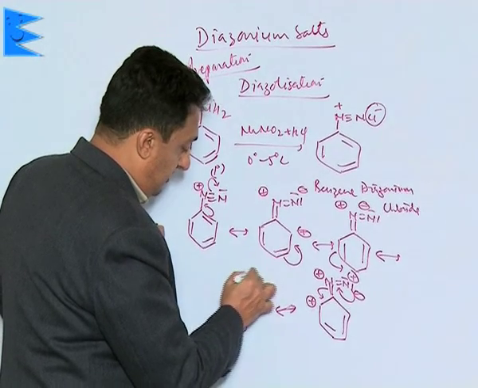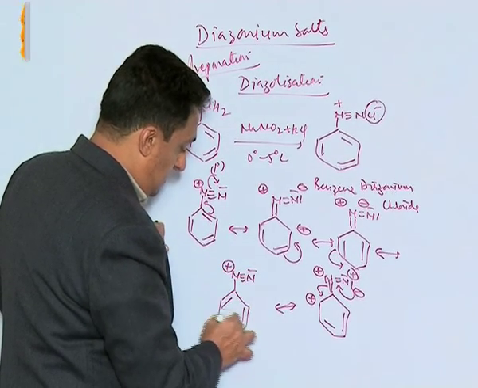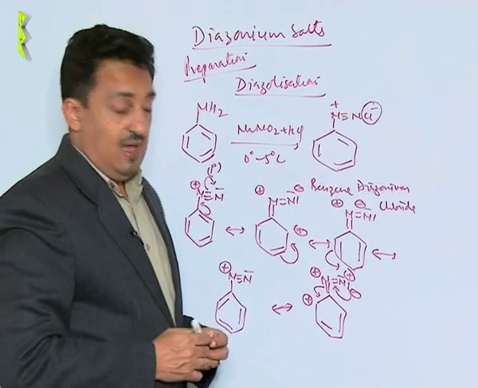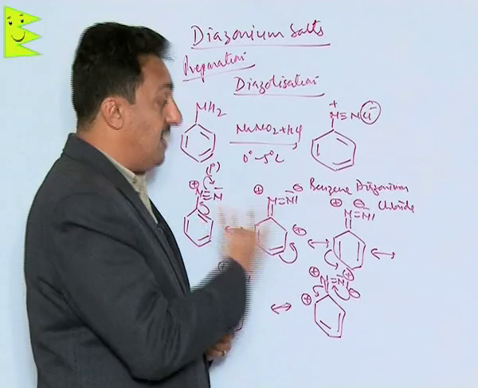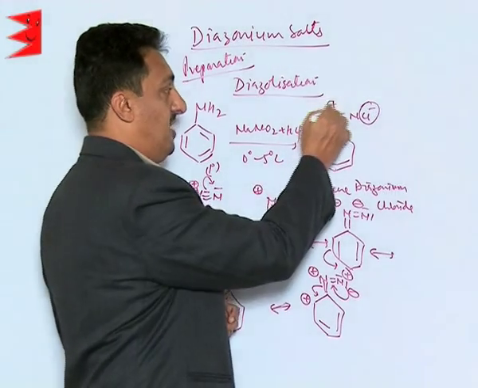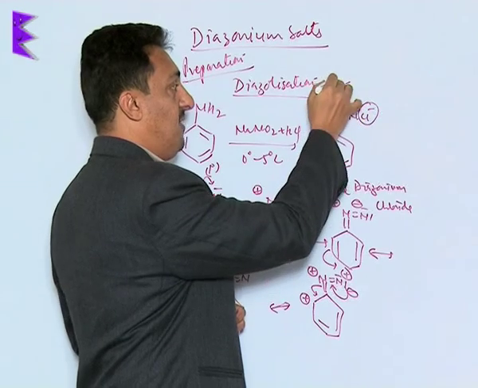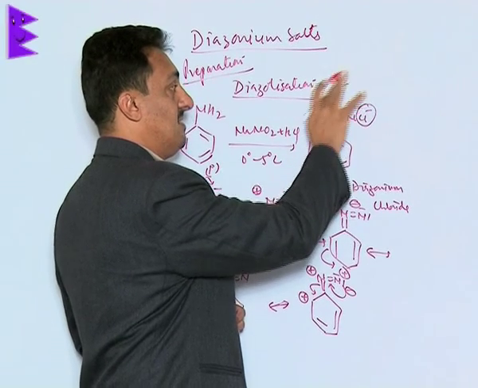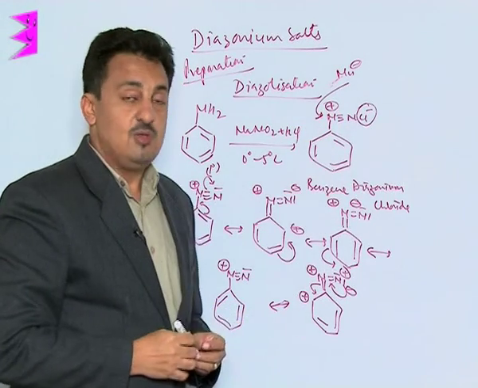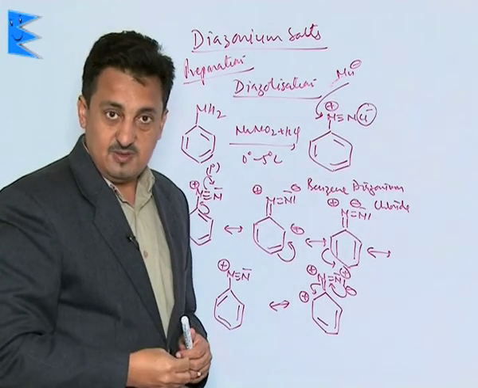Now, these resonating structures make this arene diazonium very stable, and that is why we find that they are very useful compounds at this low temperature. And because of the positive charge on this nitrogen, nucleophile can easily attack here, and we can show nucleophilic substitutions on the benzene ring.